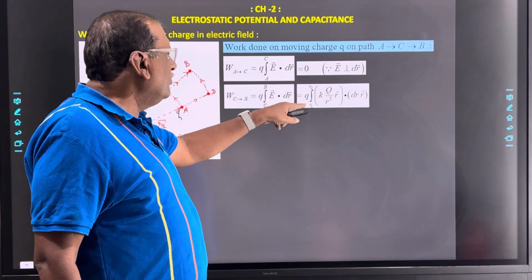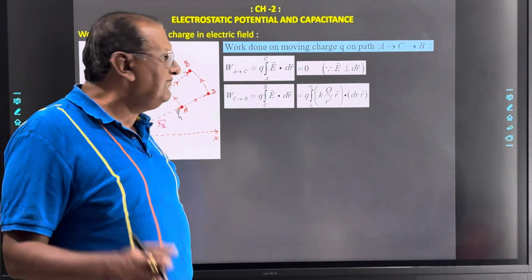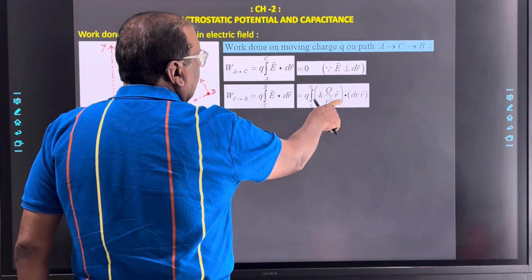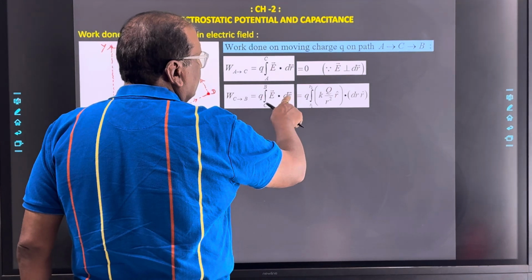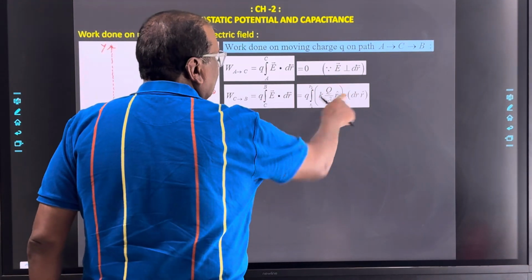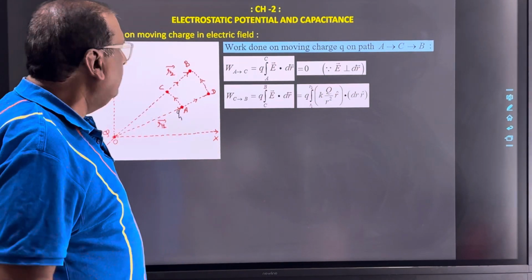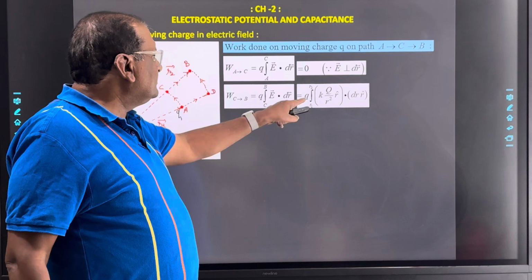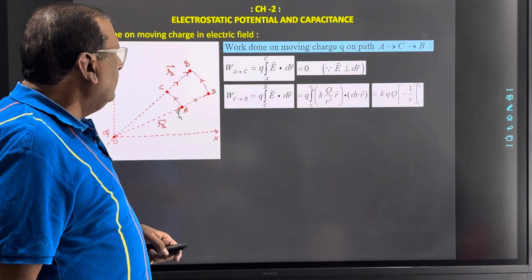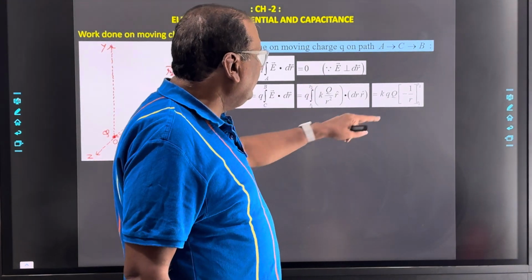So this is equal to q integration R1 to R2, and at distance R the electric field is kQ upon R square into R caret dot dr, the displacement, which is in the direction of the field. So we can write dr R caret dot R caret, that is 1. And here small q, k and capital Q are constants.